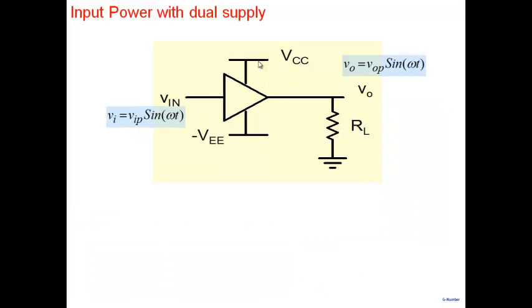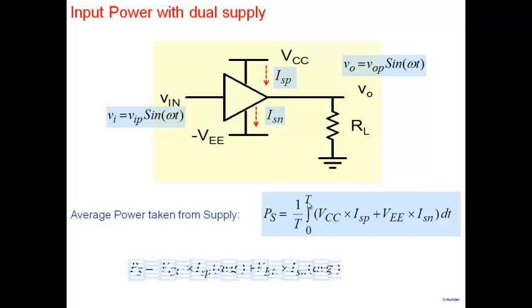Okay. All right. Sometimes we have a dual power supply. In that case, you have power which is coming from the positive supply, current ISP, and power which is going into your negative supply, ISN. And then it's easy to show that the power dissipation will be VCC multiplied by the average current drawn from the positive supply, and VEE multiplied by the average current that goes into your negative power supply.